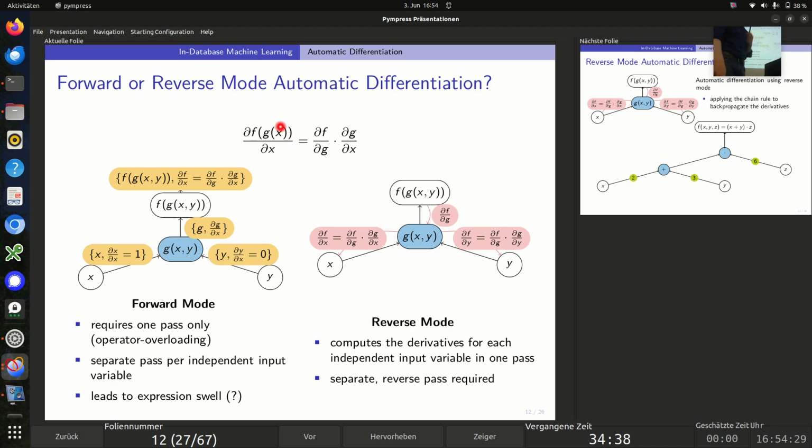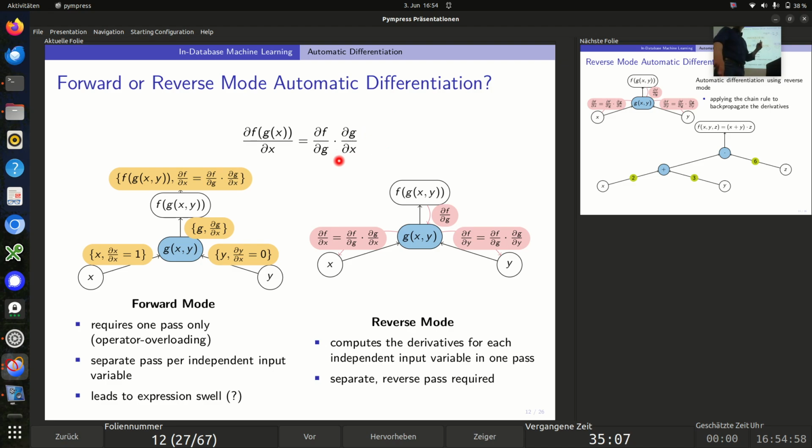And the idea is, if we have a function f of g of x derived with regard to x, then we can say, okay, we have two derivatives. We have f with regard to g, and we have g with regard to x. And then the idea is, we first compute one direction, the first one, and then we use the second one. And that's actually automatic differentiation.